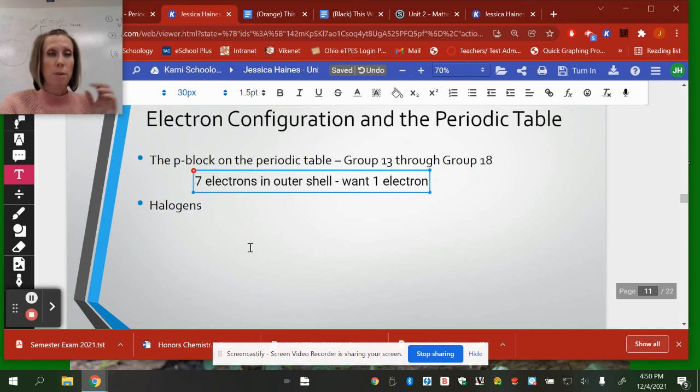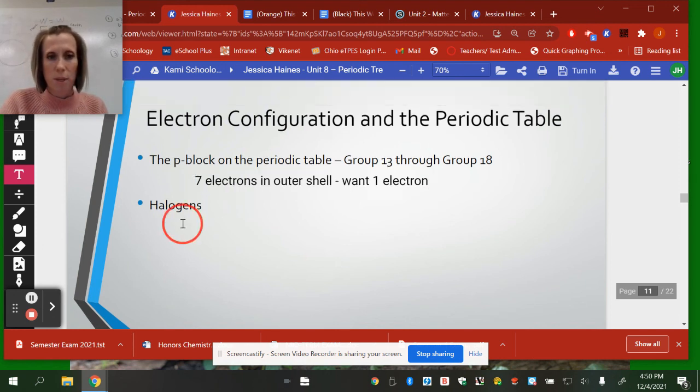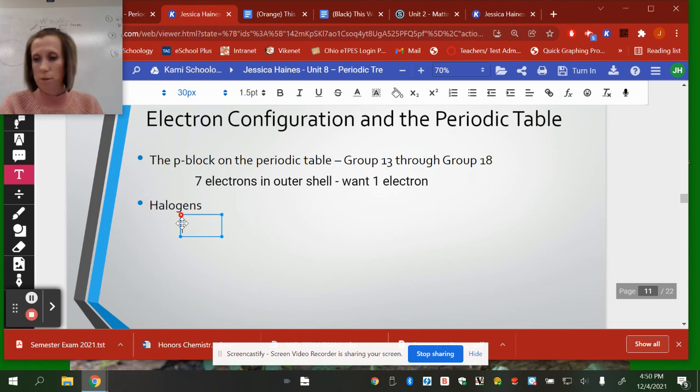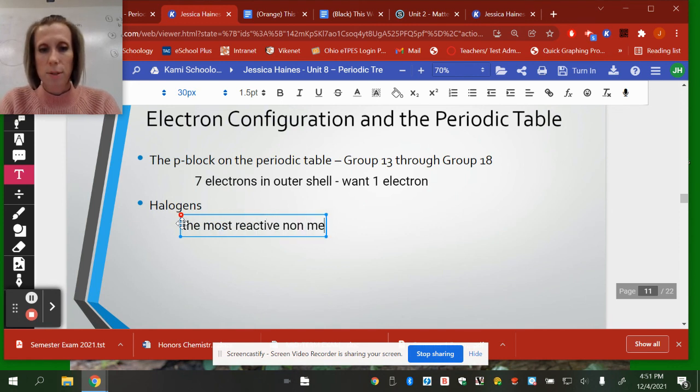And that's what makes them a good match for things in the first 2 groups on the periodic table. They will also obviously gladly take 2 electrons from the alkaline earth metals, but they combine a lot with those first 2 groups. So these are the most reactive nonmetals on the periodic table.